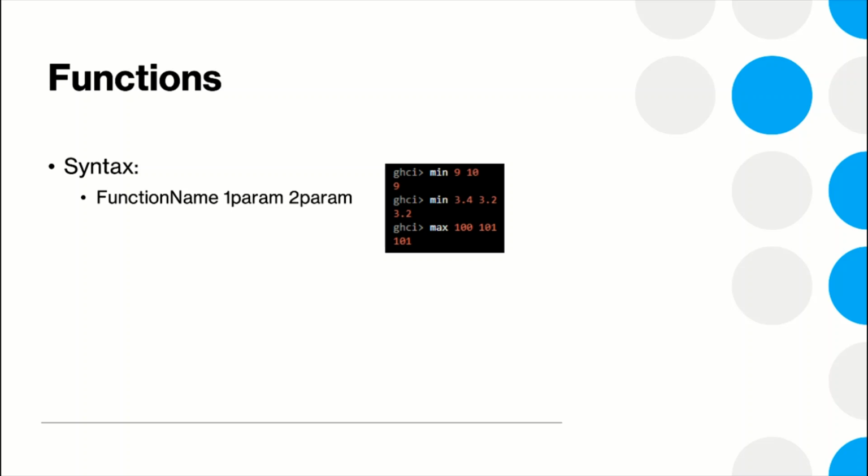We have other examples, min of 3.4 and 3.2 gives us 3.2, and the max function that gives us the maximum value of the two parameters, in this case 101.